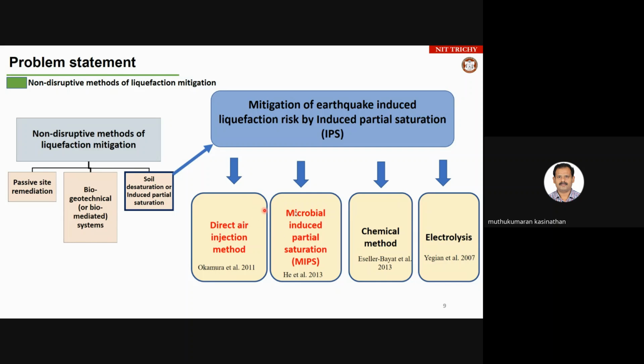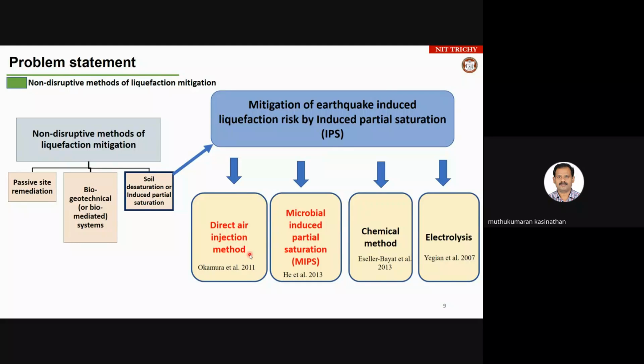There are several ways to bring about induced partial saturation in the soil. Either you can do direct air injection, whereby some water is replaced by air, so we can assume that the water system is reduced to a partially saturated state. Or you can use microbes; induced microbes can emit gases, so you are able to maintain partial saturation.